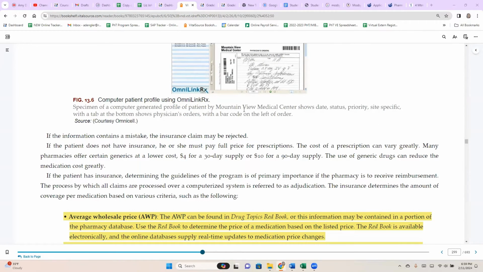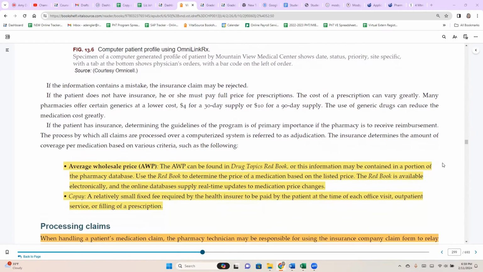If any of the information is a mistake, the insurance claim may be rejected. If the patient does not have insurance, he or she must pay the full price of the prescription. The cost of a prescription can vary greatly. Many pharmacies offer certain generics at a lower cost, $4 for 30-day or $10 for 90-day, and the use of generic drugs can reduce the medication costs greatly.